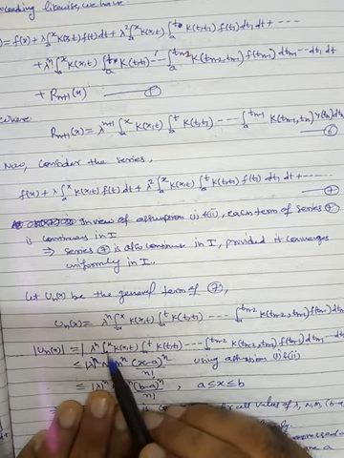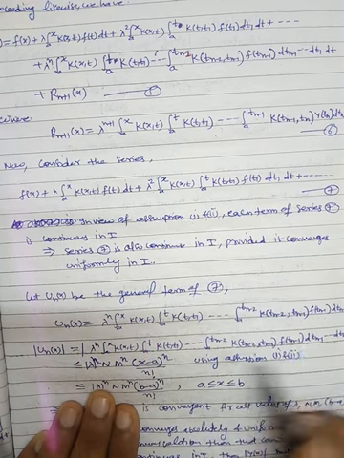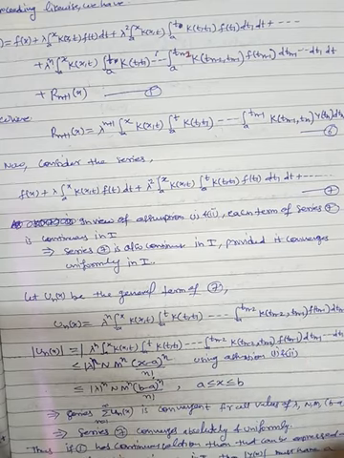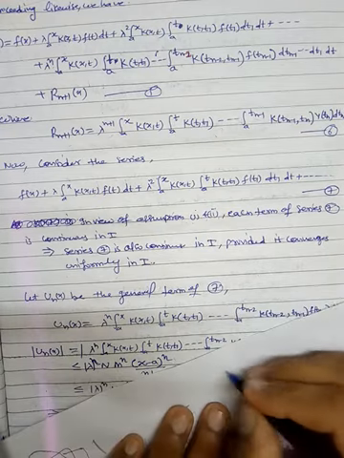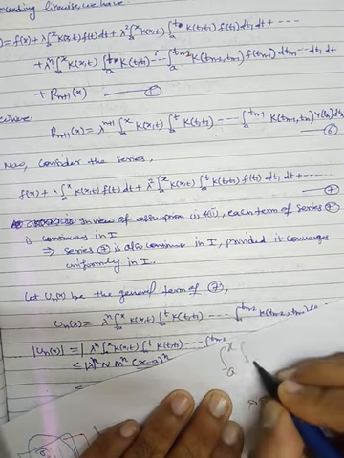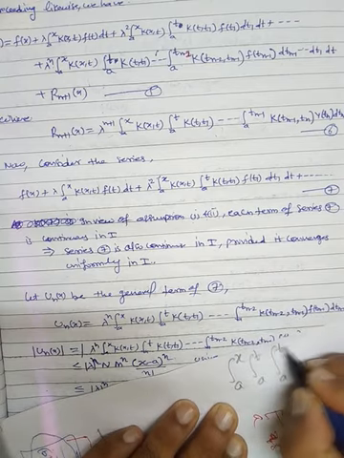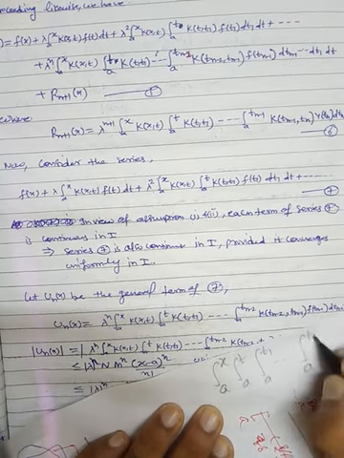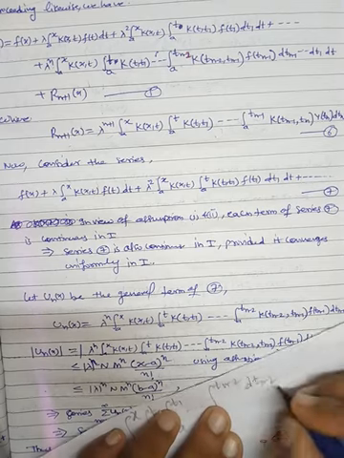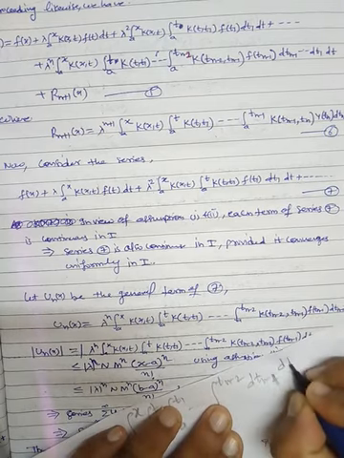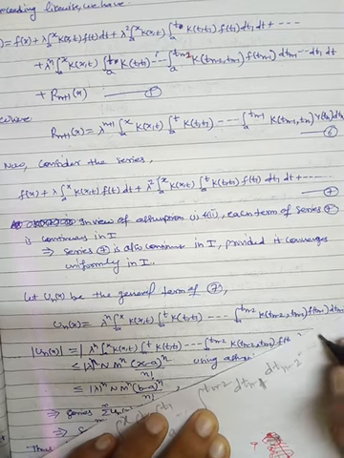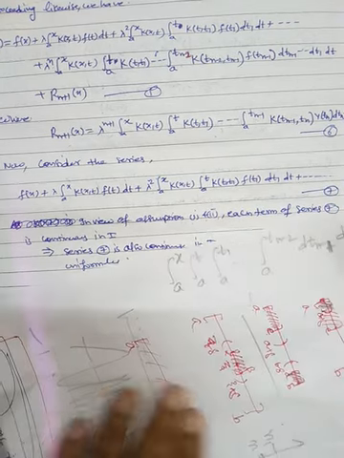Ultimately you will have only the integrals: integral a to x, integral a to t, integral a to t1, and so on, the last being a to t n minus 2, with only dt n minus 2, dt n minus 3, and so on, dt1 dt. So we are having this type of integrals.